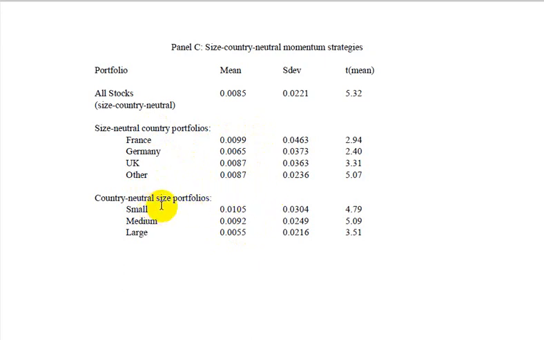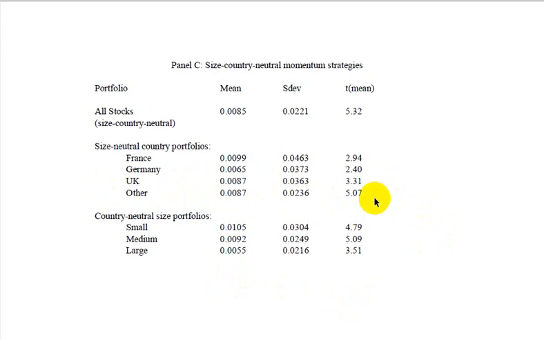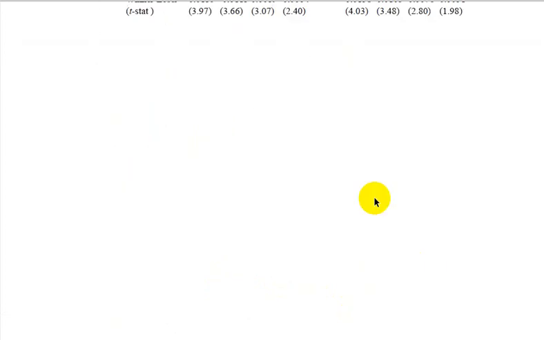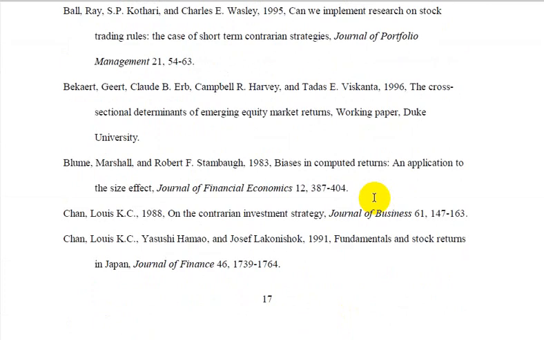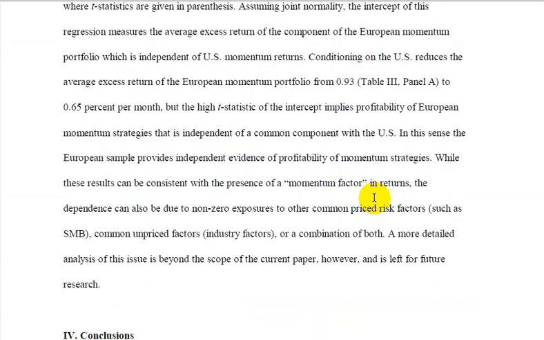It certainly does pay off to purchase smaller stocks, though. However, when you enter in transaction costs and liquidity, that might be a little more difficult as well. So let's go back up to section 3. We're now done with section 2.